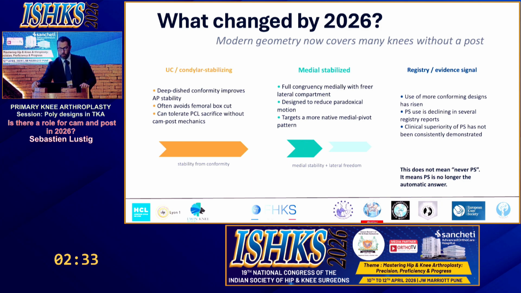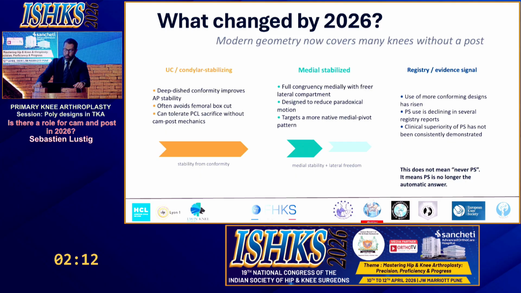So why in 2026 is it different from 10 years ago? Because now you have new information. You have UC, condylar stabilizing design, medial stabilized design. So it's a different way to create stability. You rely on the conformity, you rely on the medial stability, and Sachin will have more time to develop that in a minute.